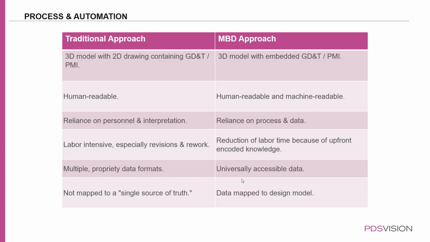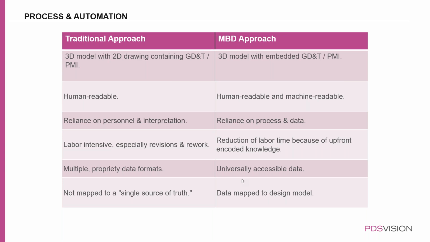Here's a slide which gives you a quick differentiation between your traditional 2D drawings and your model-based definition approach. In a traditional drawing, you take the 3D model you have into your 2D drawing, place your instances, and then manually type in your GD&T and PMIs.